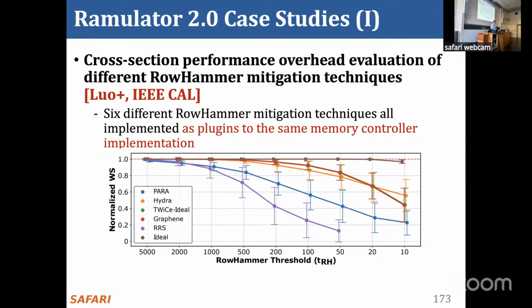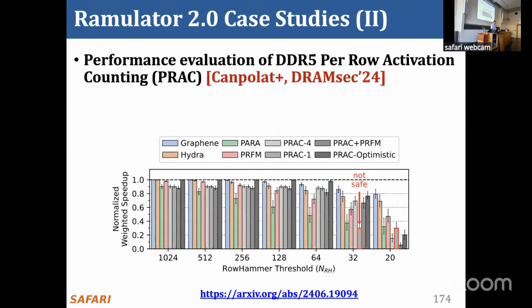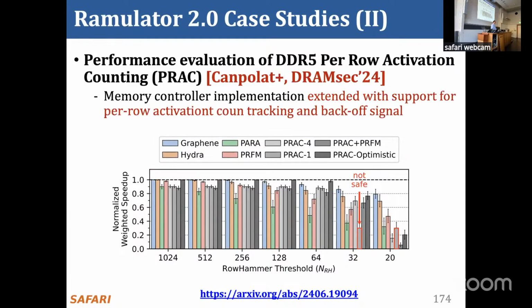So simulation is very, very beneficial, despite what some systems people may tell you. Okay, this is another example where we evaluated the per-row activation counting that is put into the standard with DDR5 and all upcoming DRAM chips. Okay, I'll fix it later. But here you can also see when a solution works and when a solution doesn't work.